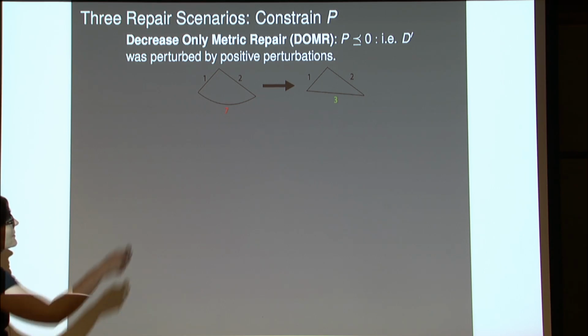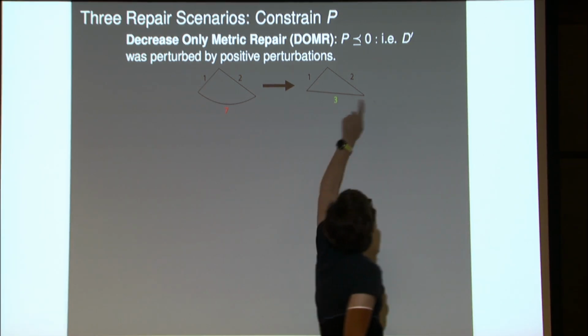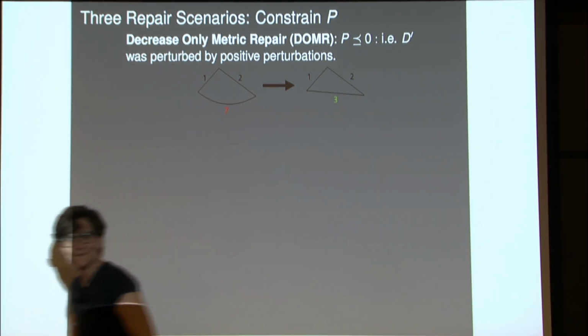So I have this distorted triangle 1, 2, 7, and I've bowed out 7, that leg, to say that's the one that's too long, and you should shrink it to 3. Do a quick check that 3 is the shortest path between these two vertices through those two legs.